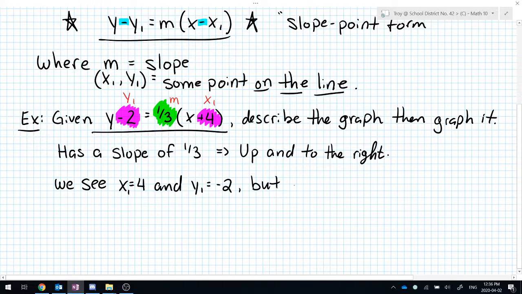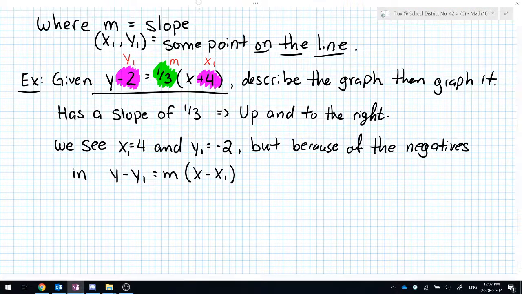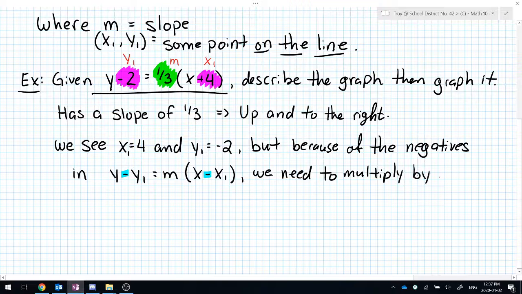But because of the negatives in the slope point form equation, like I pointed out previously, right here and right here, we need to multiply by negative 1 to find the coordinates.